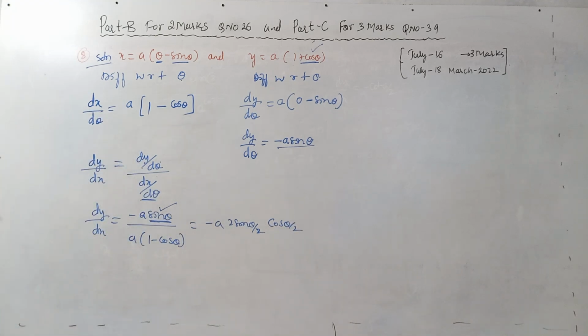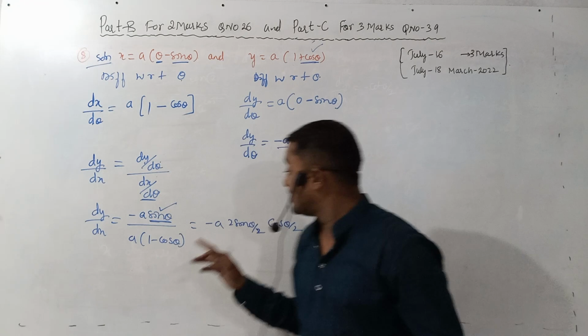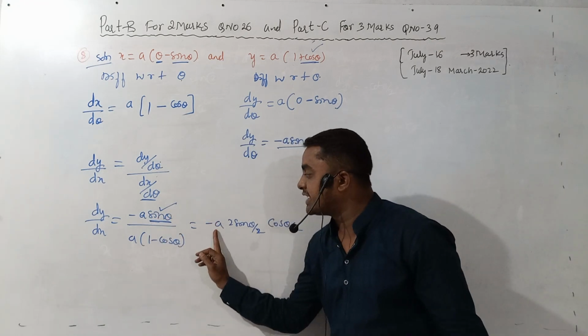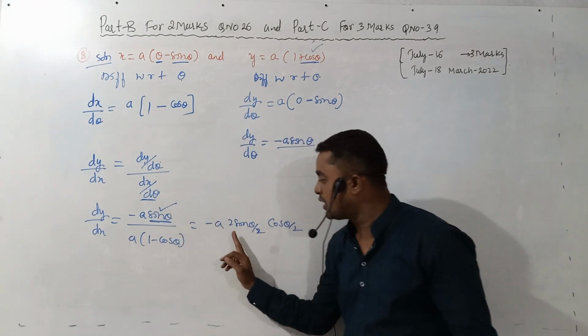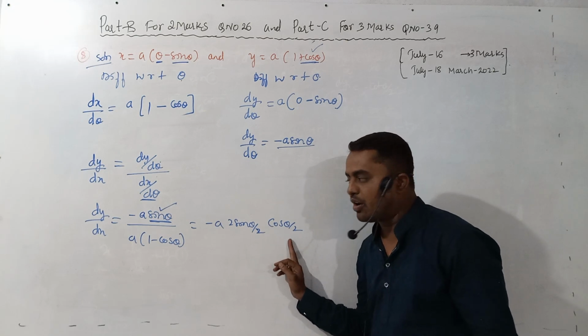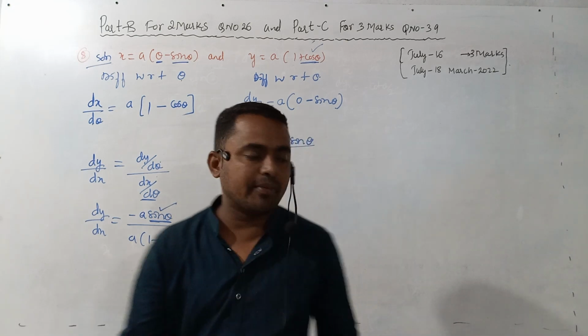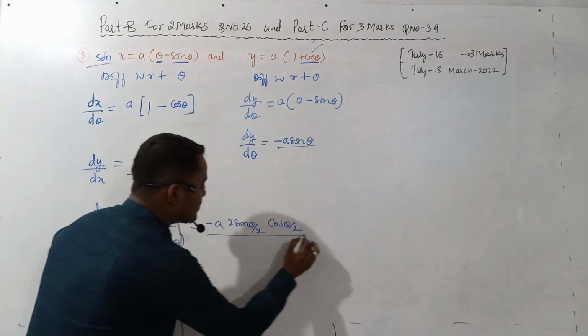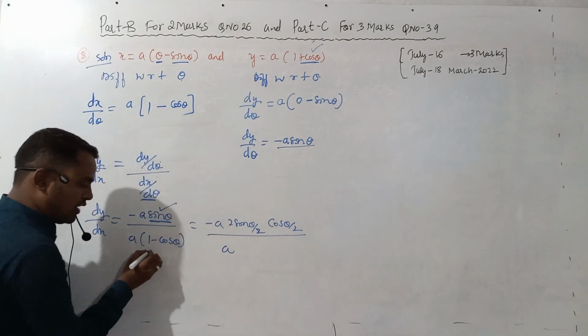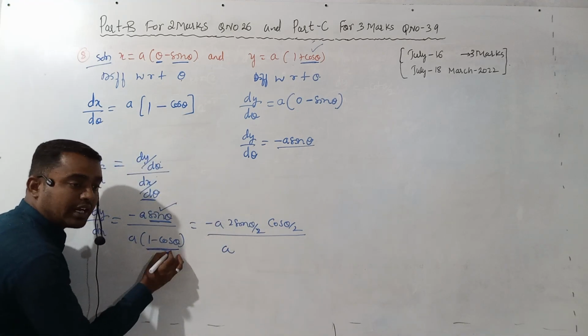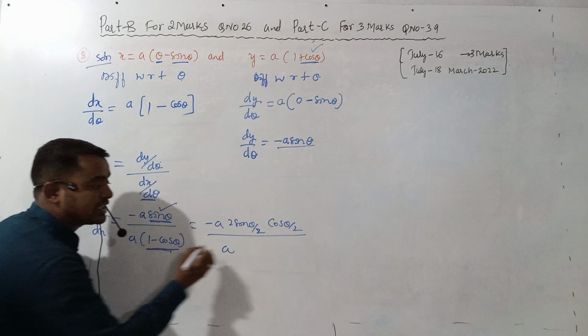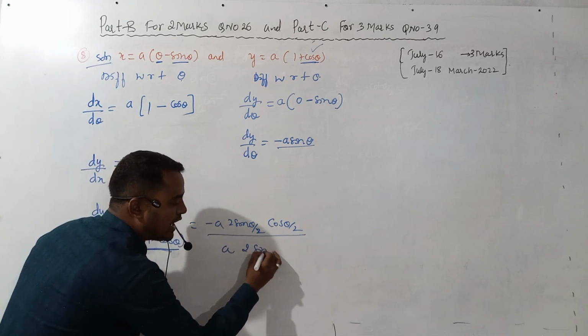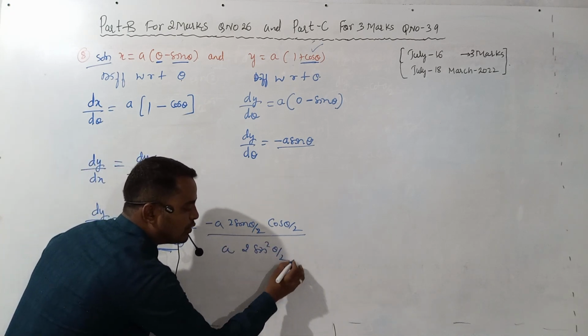In the numerator, keep minus a as it is, and sin theta is 2 sin theta by 2 cos theta by 2. In the denominator, keep a as it is, and 1 minus cos theta is nothing but 2 sin square theta by 2.